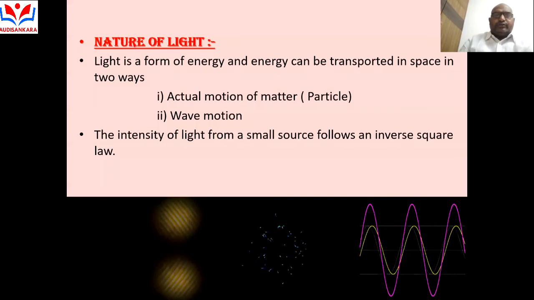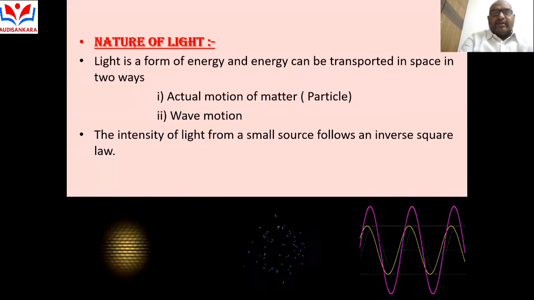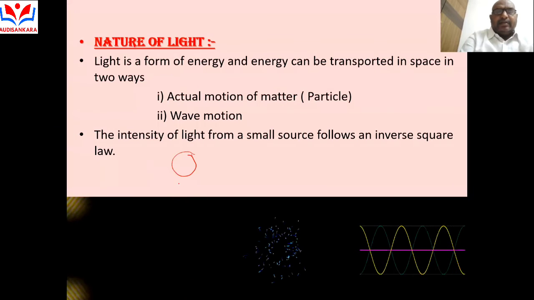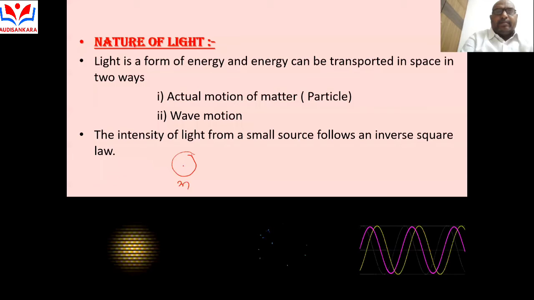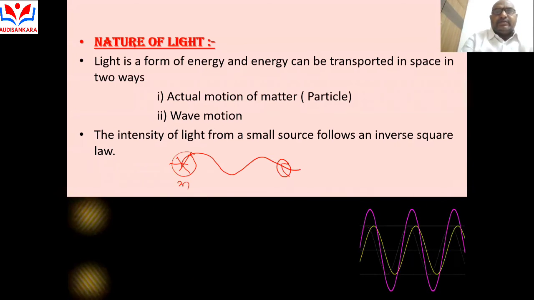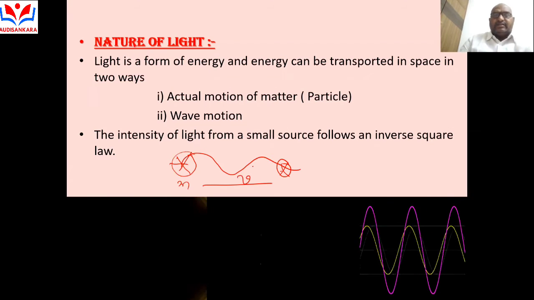The particle tends to move from one place to another place with velocity v. The particle has a definite mass m, and it moves from one place to another.